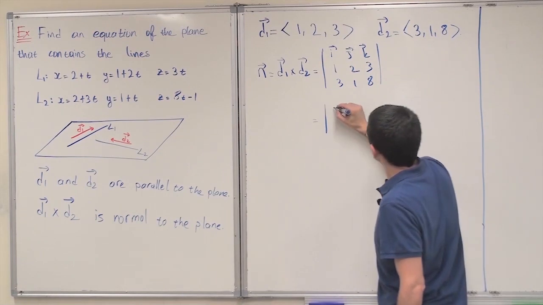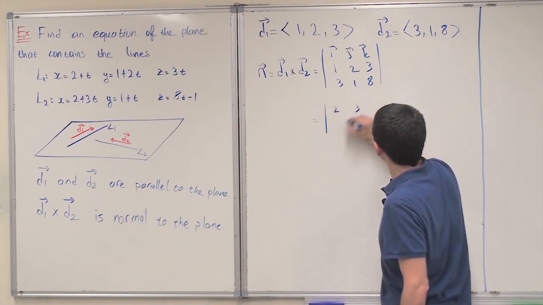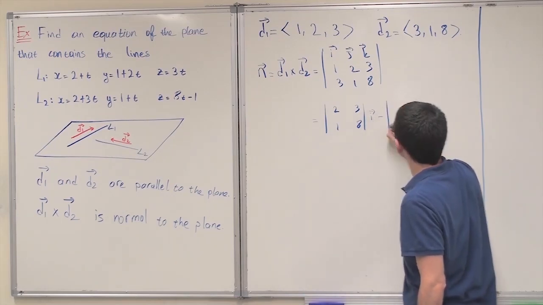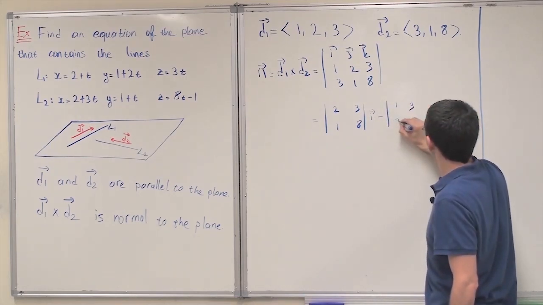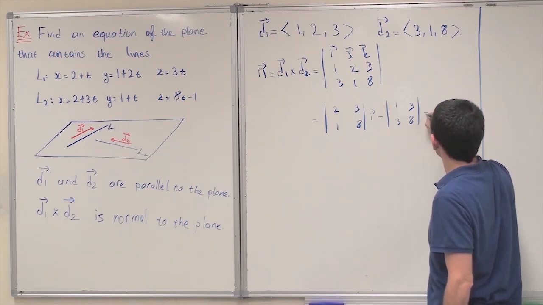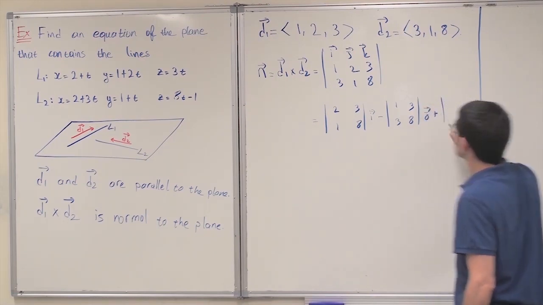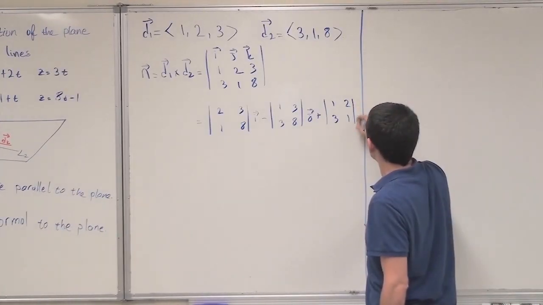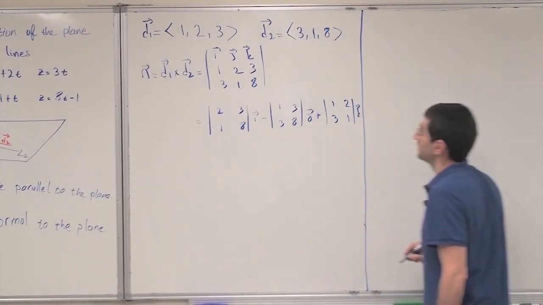We calculate this: the determinant of 2, 3, 1, 8 times i, minus 1, 3, 3, 8 times j, and plus 1, 2, 3, 1 times k.